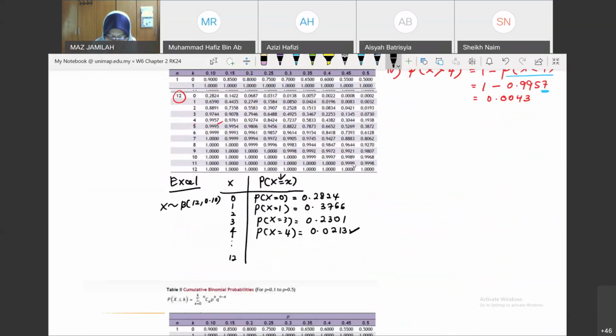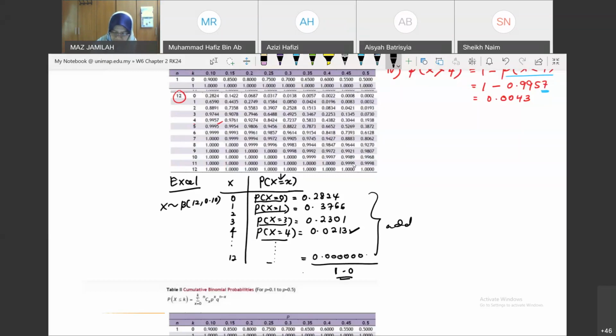So the Excel specifically finds the probability for each and every value of your X. If you follow until the 12th value, the probability is 0.00002, with many zeros. If you add all these, you will get 1.